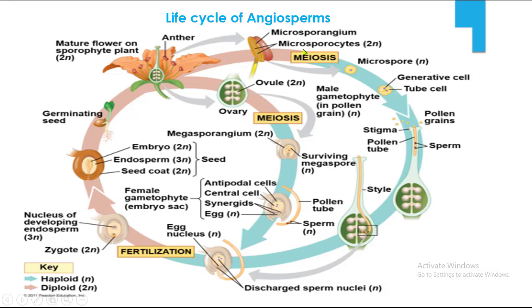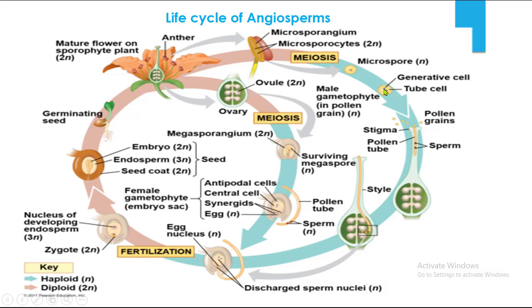Let's discuss the male part. The anther has the microsporangium. Microsporangium contains microsporocytes. Sporangium is the structure; sporocytes are the diploid cells, the mother cells. They undergo meiosis and produce microspores.